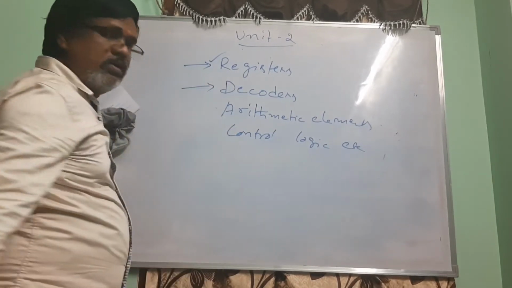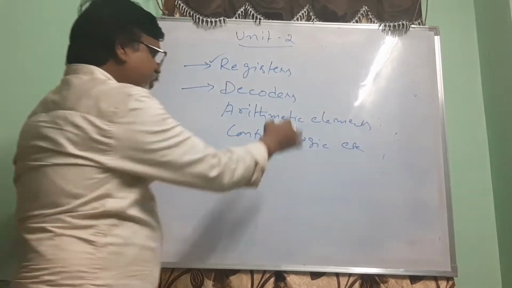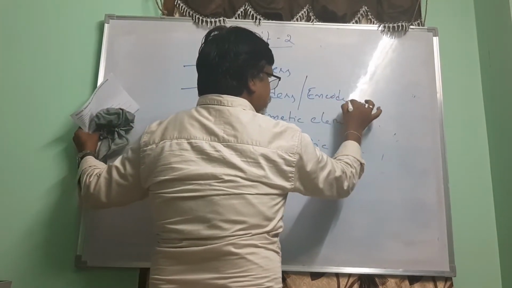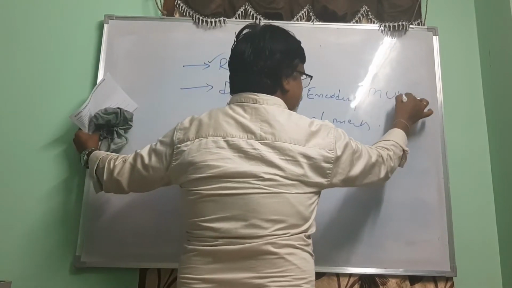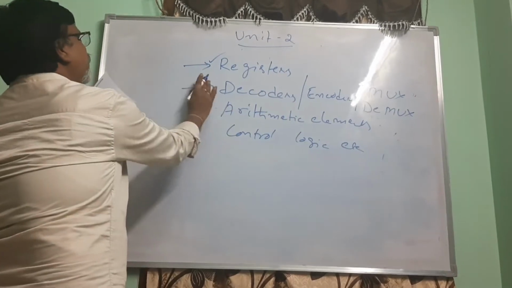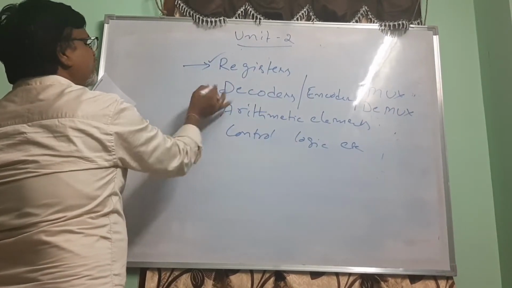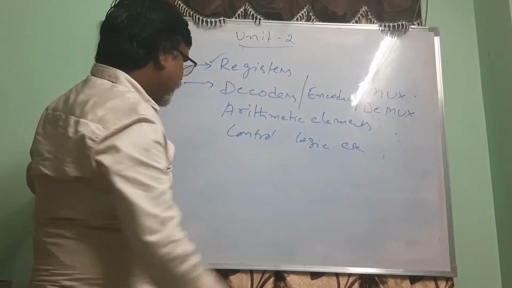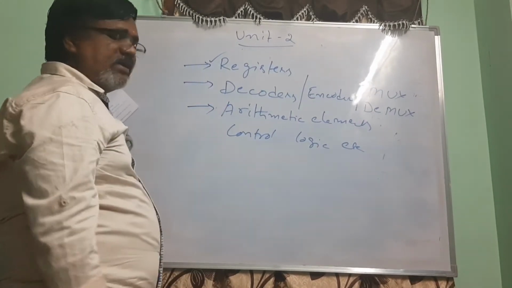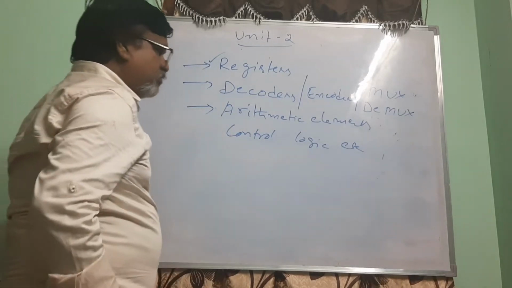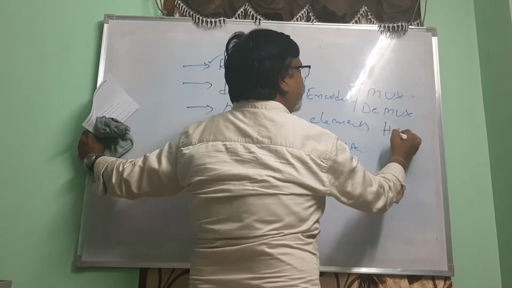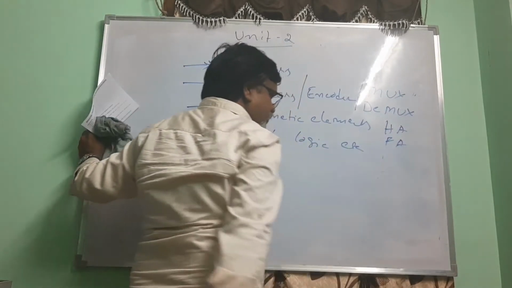The second module in this digital system is decoders, encoders, multiplexers, demultiplexers. You can say those four. Then coming to the arithmetic elements, the various arithmetic elements in the hardware modules are half adder and full adder.